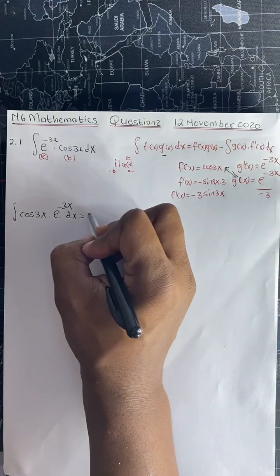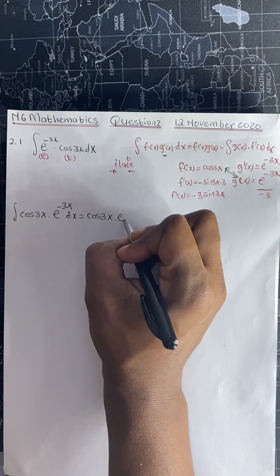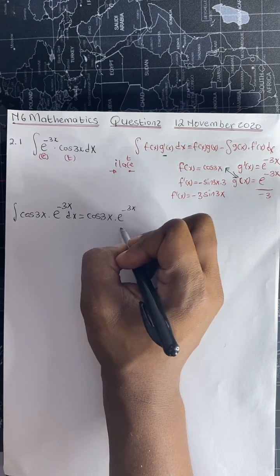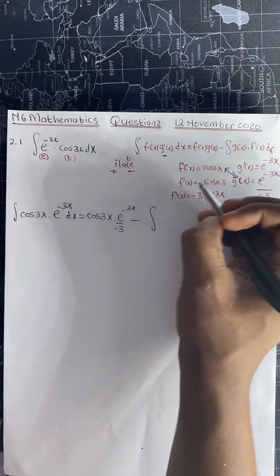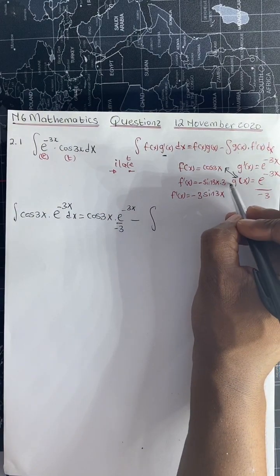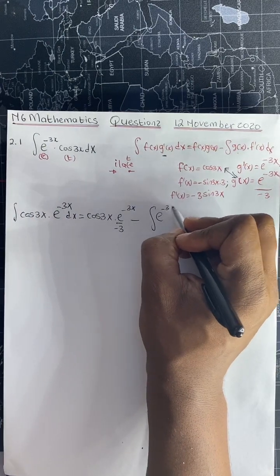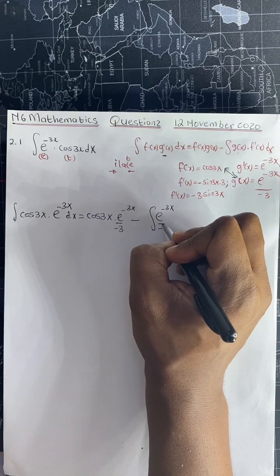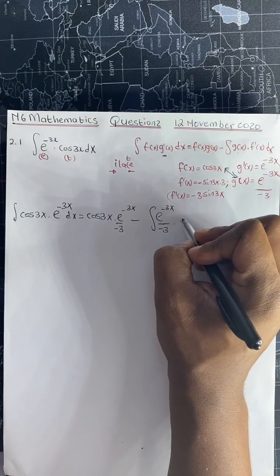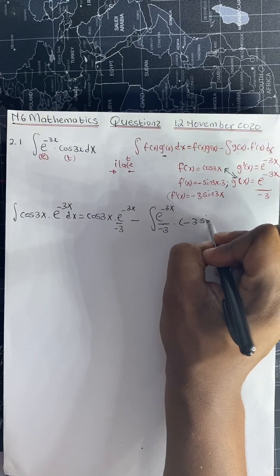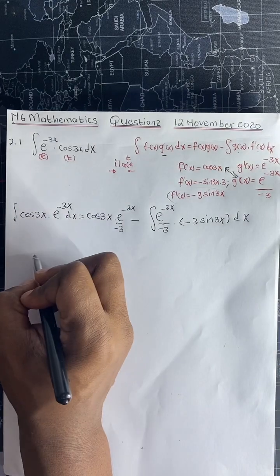Our f of x is cos 3x, and g of x is e to the power negative 3x divided by negative 3, minus the integral of g of x, which is e to the power negative 3x divided by negative 3, multiplied by f prime of x, which is negative 3 sine 3x dx.